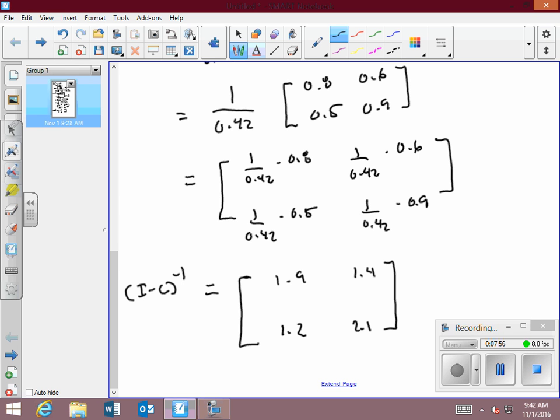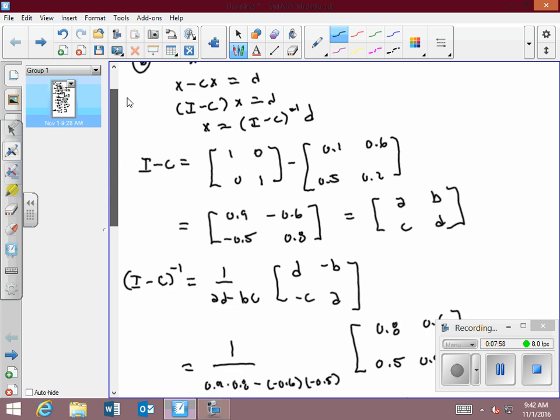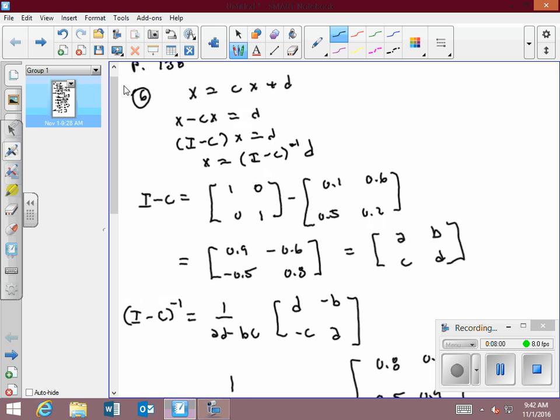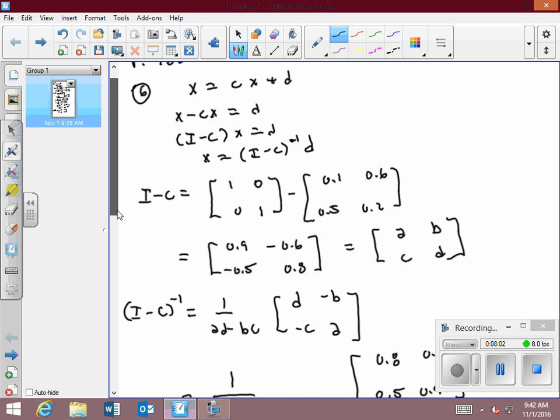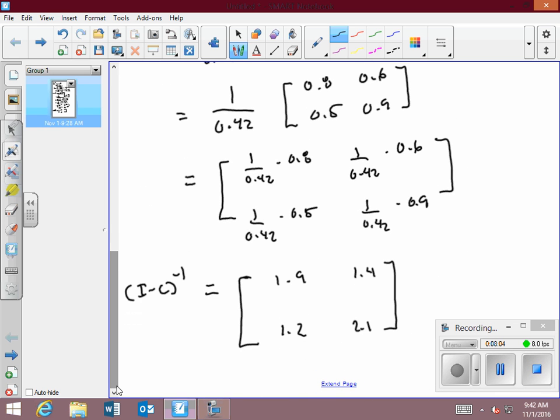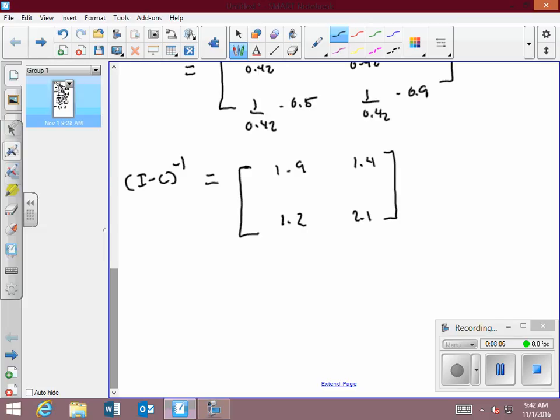And now then we have to take that times D. So we're going to multiply 1.9 and 1.4 and 1.2 and 2.1.